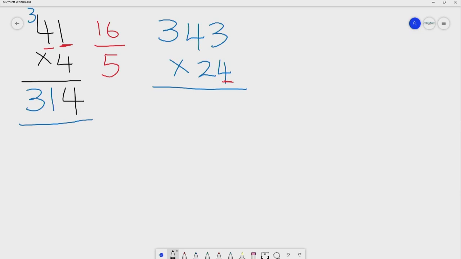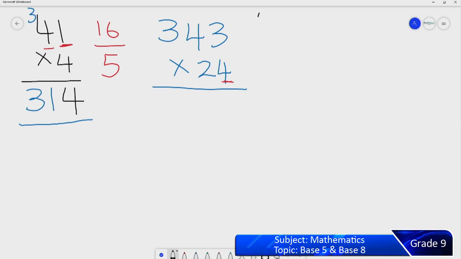We can't write the 12 there because it's greater than 4. So we write the 12 out and we have to divide it by 5. So how many times could 5 go into 12? 2 times. Make a small note of it there. How many is remaining? 2. So we put 2. We always put the remainder in.